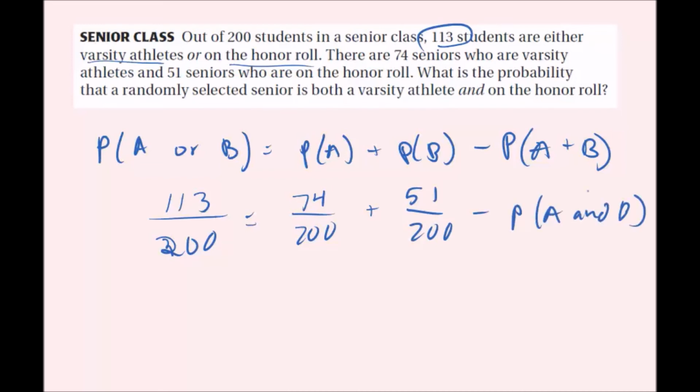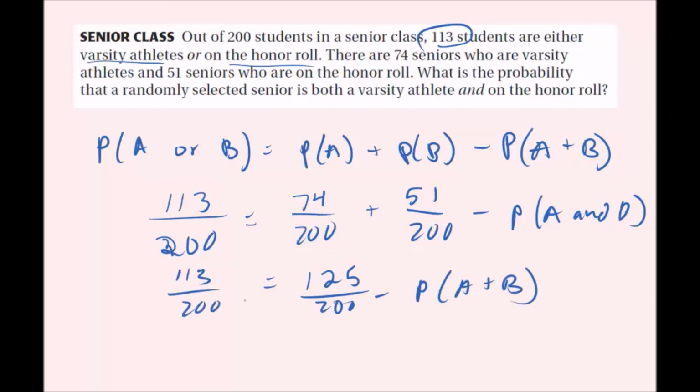We don't know how many students are both athletes and on the honor roll, but we can solve for it. Let's go ahead and combine 74 and 51 to get 125 over 200 minus probability A and B. If we subtract this to the left side, we're going to have negative 12 over 200 equals the negative probability A and B. That seems really weird, but since they're both negative, let's just change them both to being positive and make it easier on ourselves.